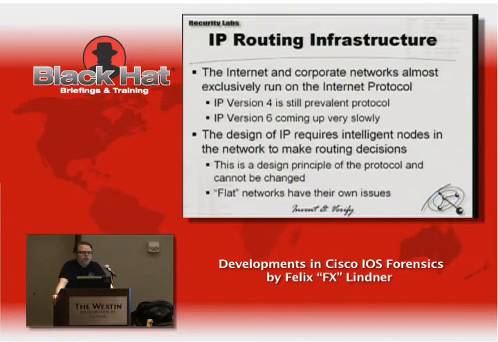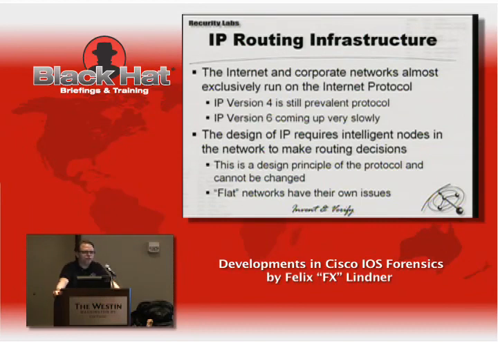And one thing you have to realize is that when you're talking IP networks, it means that the nodes in the network, the networking equipment, are intelligent nodes. You cannot build an IP network with stupid nodes. You can build it with stupid operating systems, but not with stupid nodes. They have to make intelligent forwarding decisions.